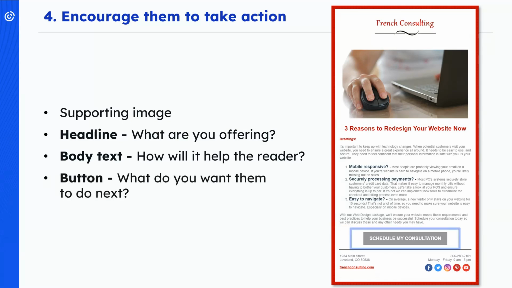And don't forget to add a button and use the button text to tell your readers exactly what you want them to do next. Make sure you use action-oriented words. Think of things like register by April 1st, get my free copy, book your appointment today, or donate to save a life. You'll also want to make your button stand out by using one of your brand colors and ensure your readers can easily see the call to action.